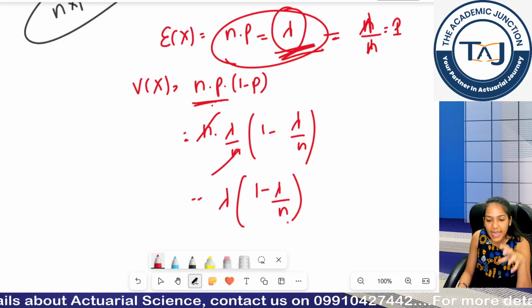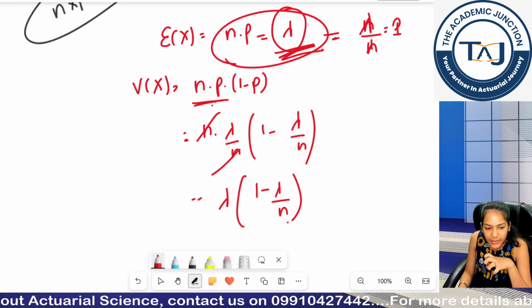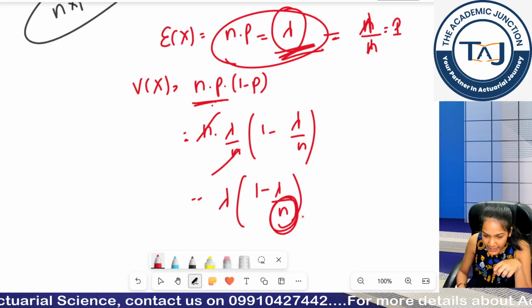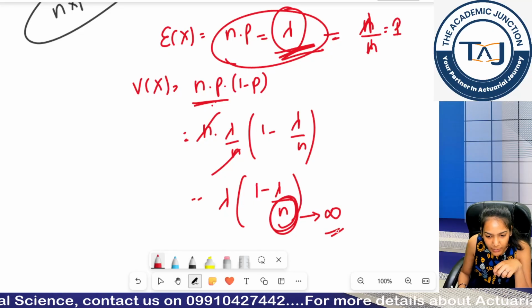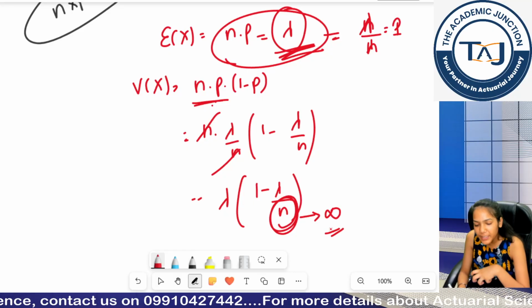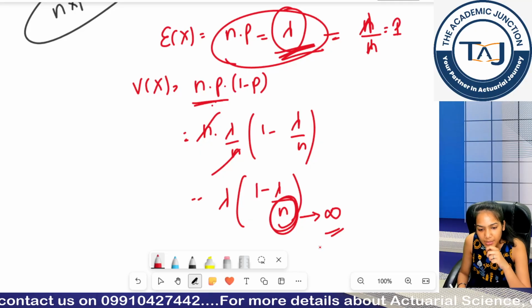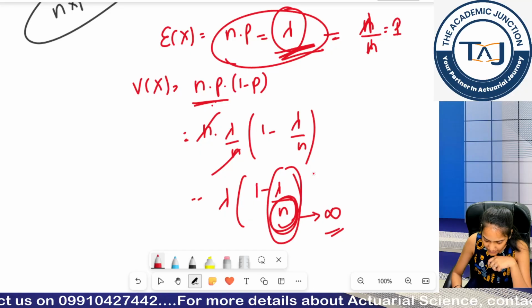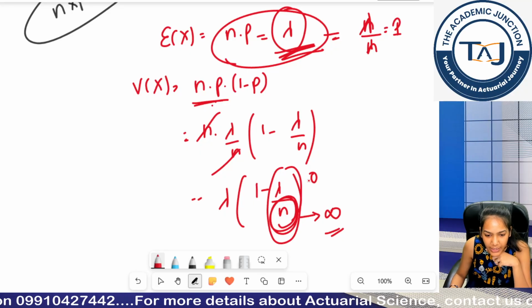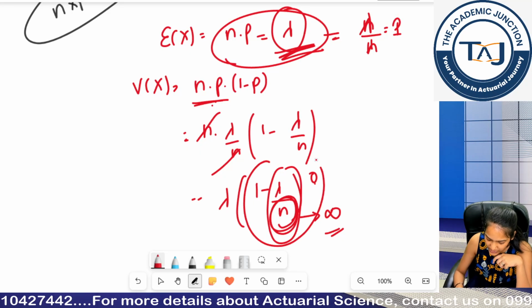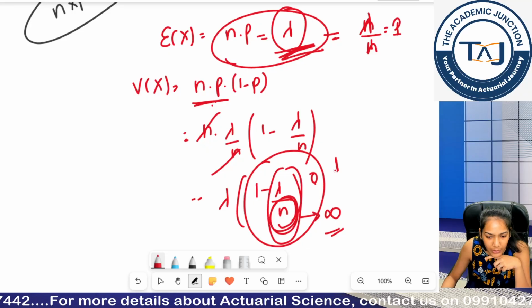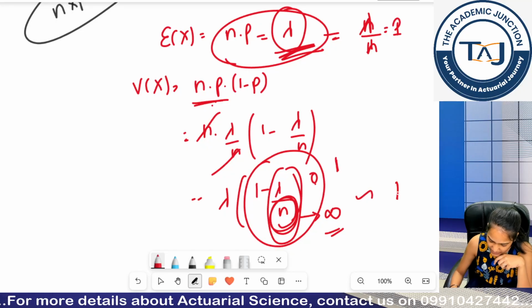I am saying my n is tending to infinity, so I will have infinity in the denominator, and once I have infinity in the denominator, it becomes 0. So this whole term will become 0 as my n tends to infinity, and the whole factor will be tending to 1 only. So I can approximate this to lambda.